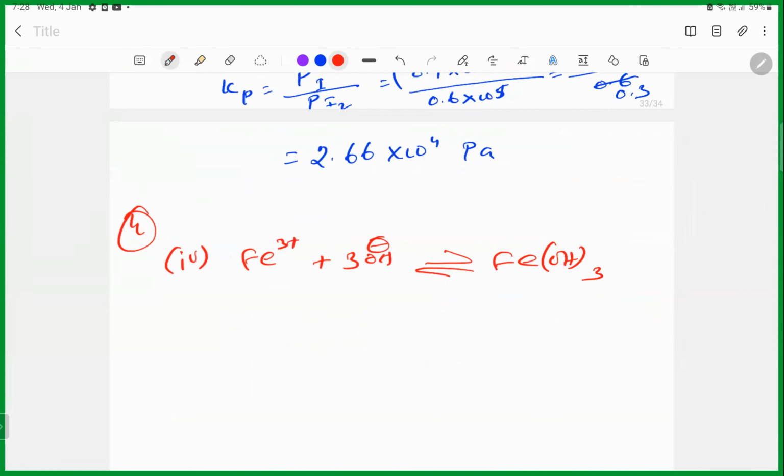You tell me what is the Kc value? How to write the Kc? They have given solid also, and aqueous. When you are writing that, what is the Kc value? How will you write? Each person has to answer one.